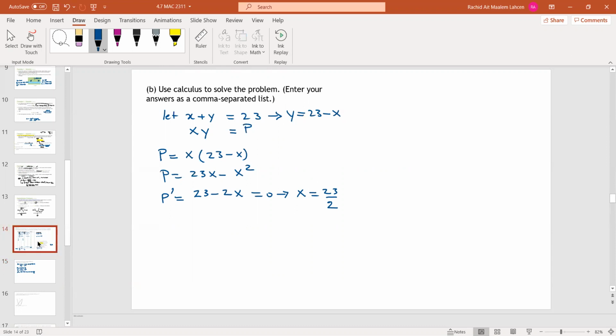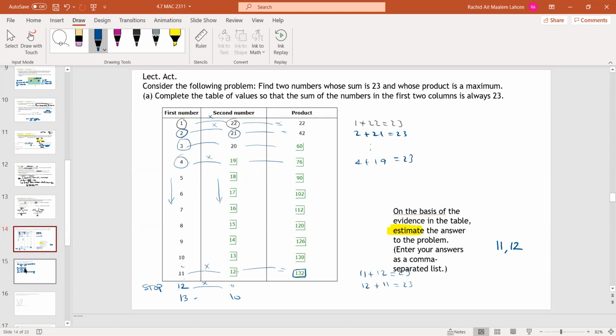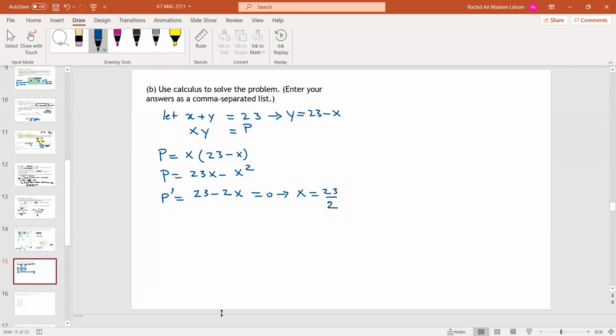If we investigate a little more, if we want to look at the second derivative, it's going to be -2, which is negative. So yeah, it concaves down.